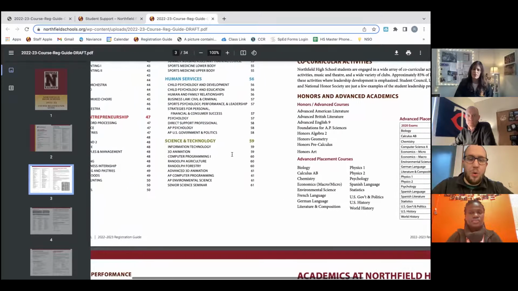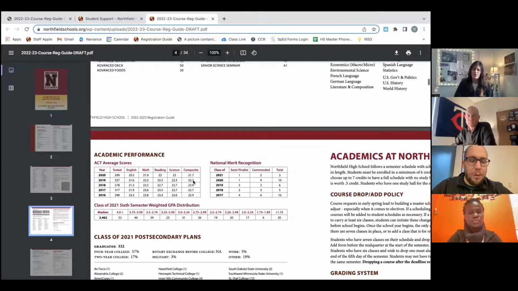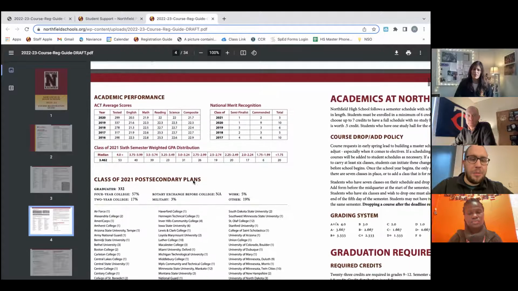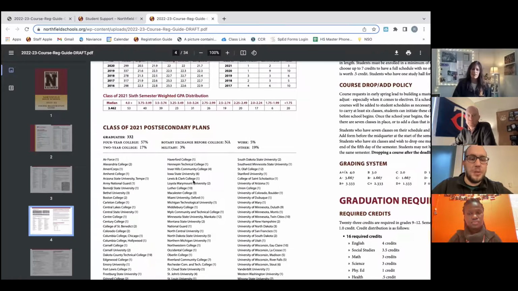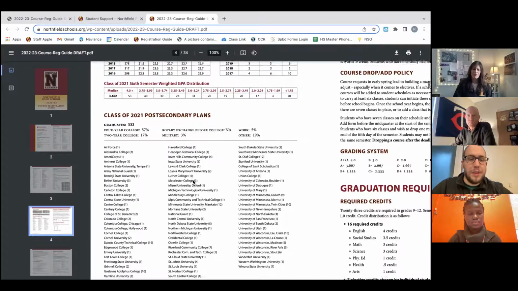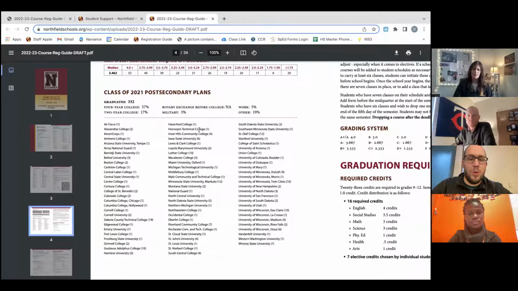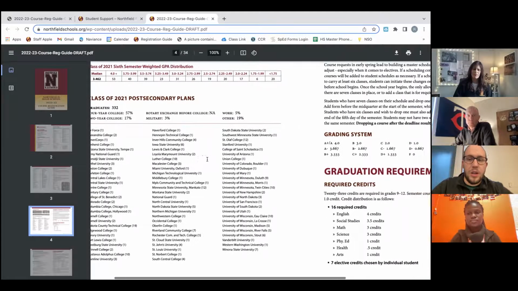And I think one of the cooler things within our profile is it highlights the post-secondary plans of the previous graduating class. So it breaks down if they ended up going to a 4- or 2-year college, entering the military, entering the workforce, or doing something else. And then it breaks down who went where, so how many students went to a specific college.